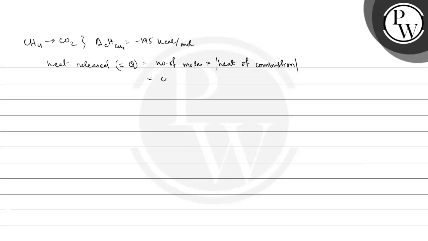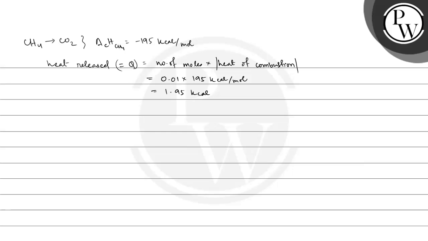So this is equal to 0.01 multiplied by 195 kilocalorie per mole, and this is equal to 1.95 kilocalorie. The mole will cancel because we are multiplying by moles.